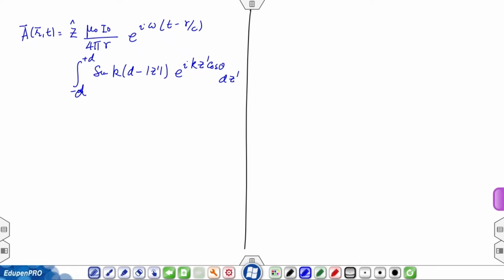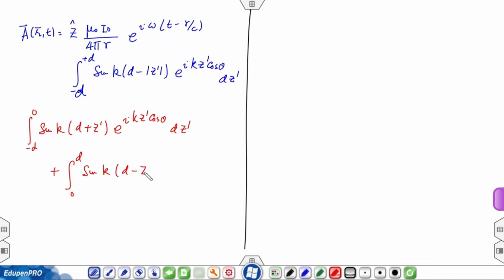Let us write this integral in two parts. I am going to write this as minus d to 0 sine k d plus z prime, because mod z prime becomes plus for negative values, e raised to I k z prime cosine of theta dz prime, plus integral 0 to d sine of k d minus z prime e raised to I k z prime cosine theta dz prime.